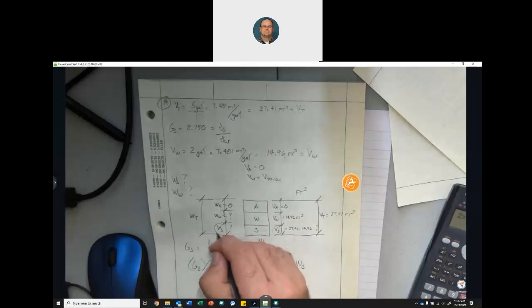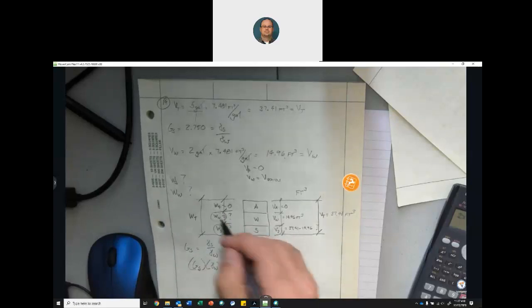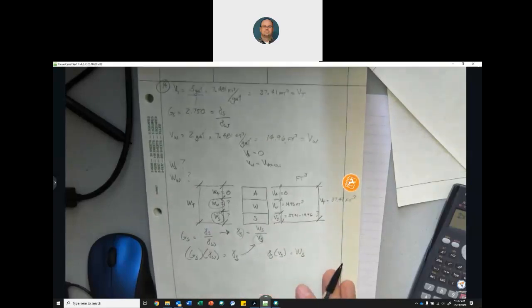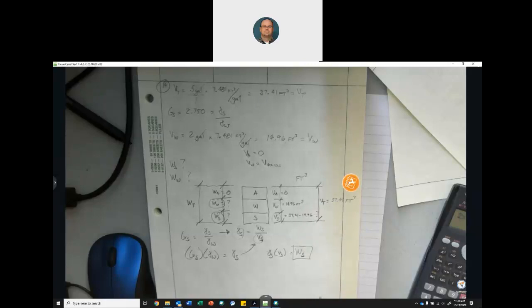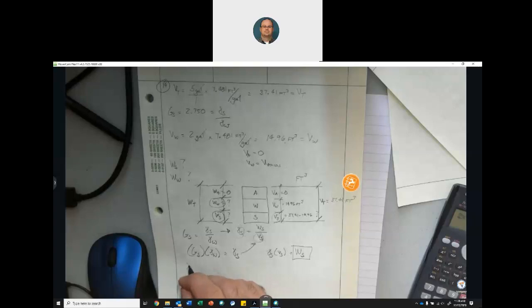So now I have this, but now we need this, right? Do we have a total weight yet? So I found my weight of solids. Now I need to find the weight of water. Density of water equals weight of water divided by volume of water.